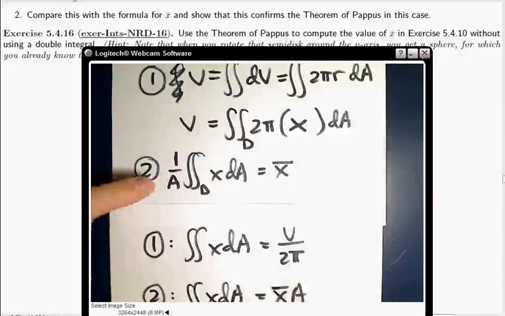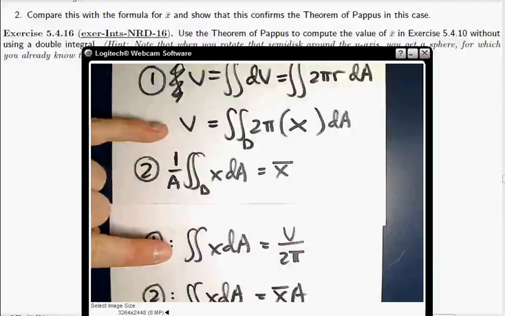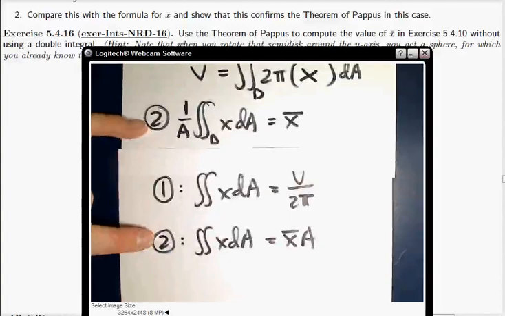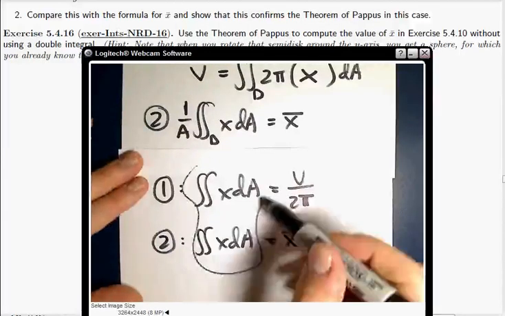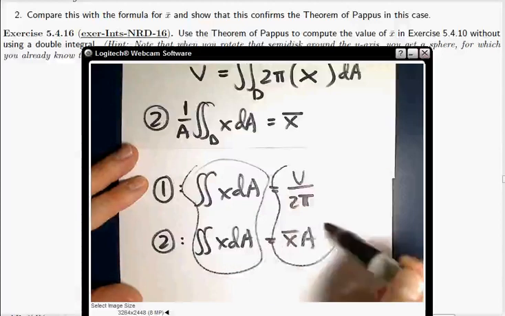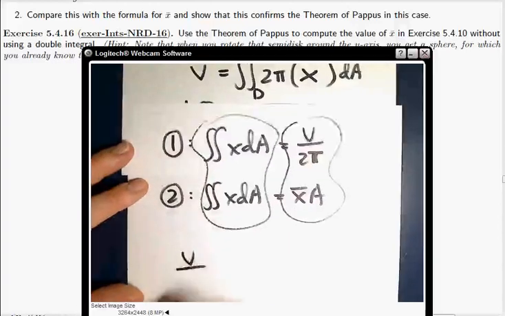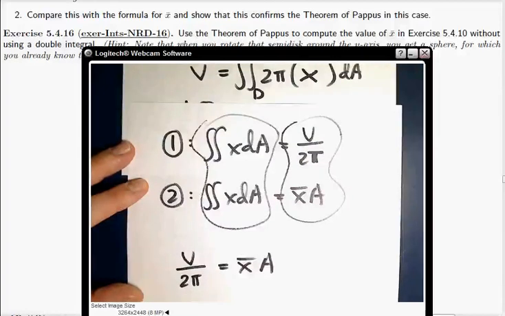Right, so that's just looking at this formula. So therefore, since these are exactly the same thing, these are equal, and so I get v over 2 pi is equal to x bar a, and therefore v is equal to 2 pi x bar a.